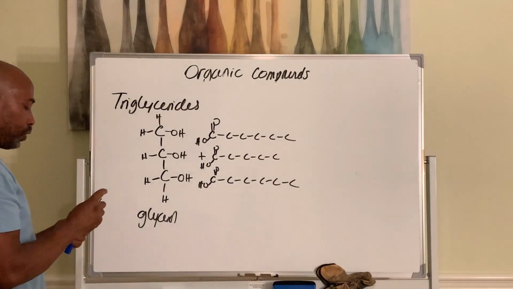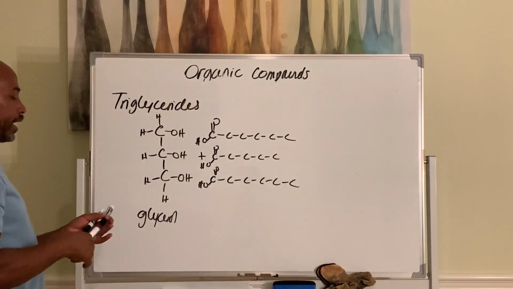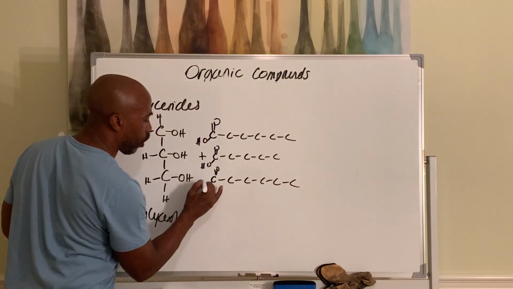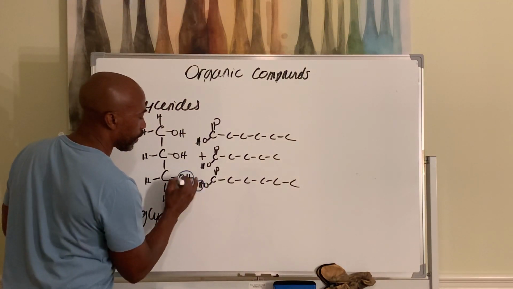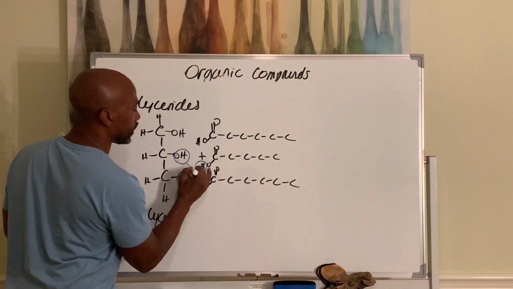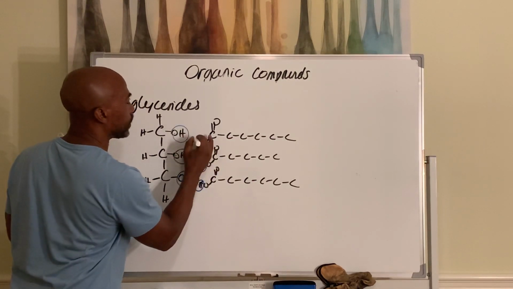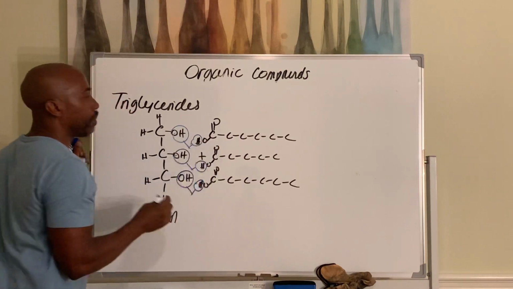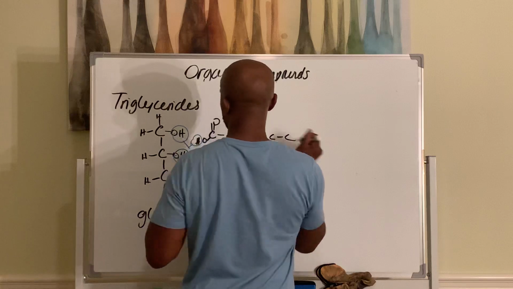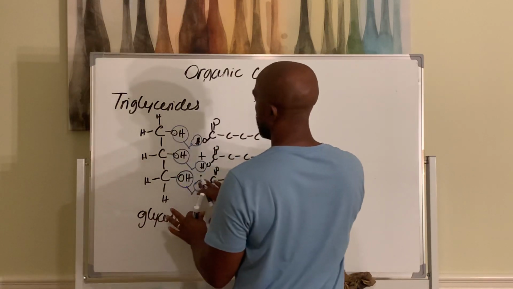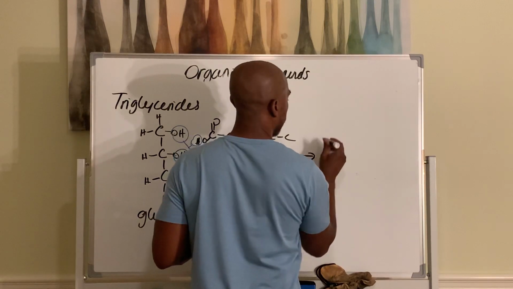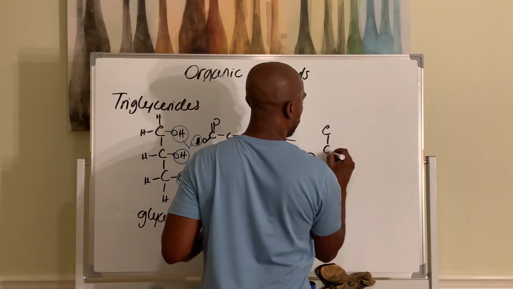Here again, you're going to use dehydration synthesis to pull off a water and to then form a bond. Pull the water out, form a bond, and you get something like this. So when a glycerol combines with 3 fatty acids, you get this structure at the end.